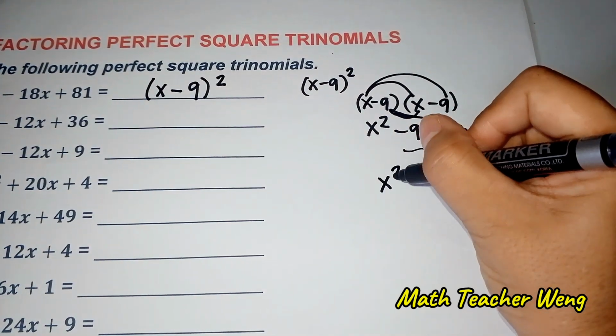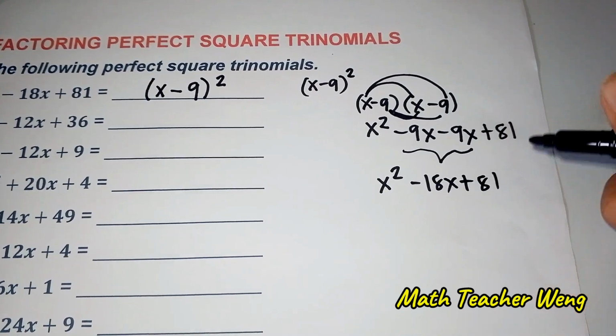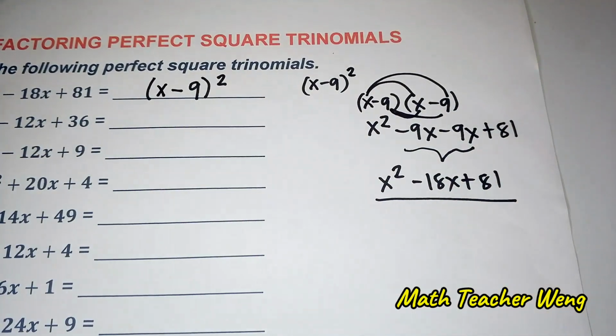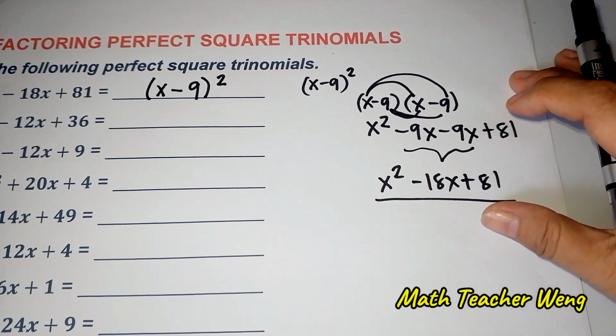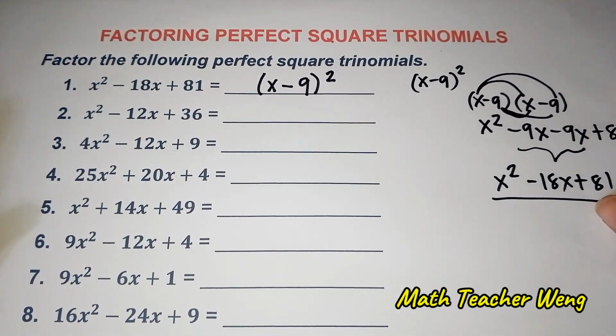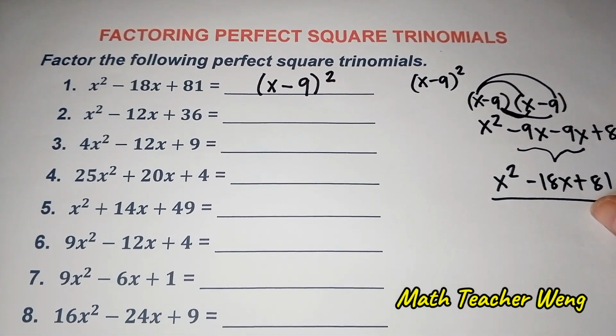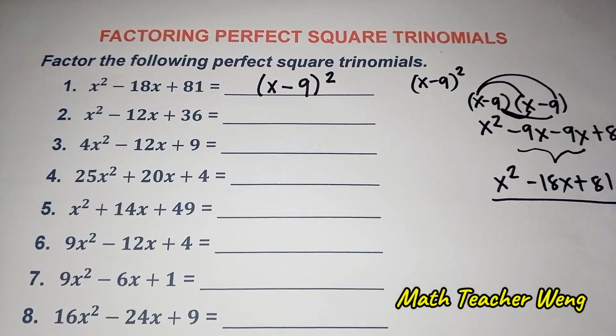So this is x squared minus 18x plus 81, which is the given trinomial. Okay? So let's proceed with number 2. I will leave the checking for number 2 onwards to you.